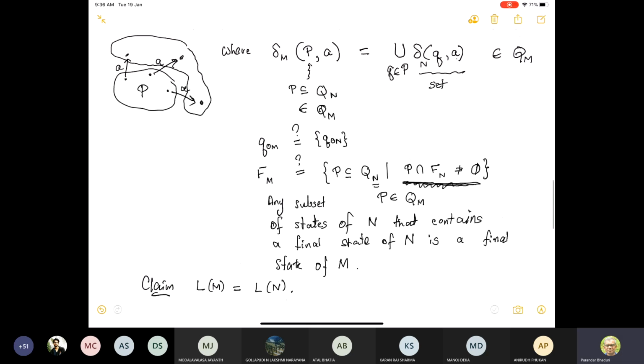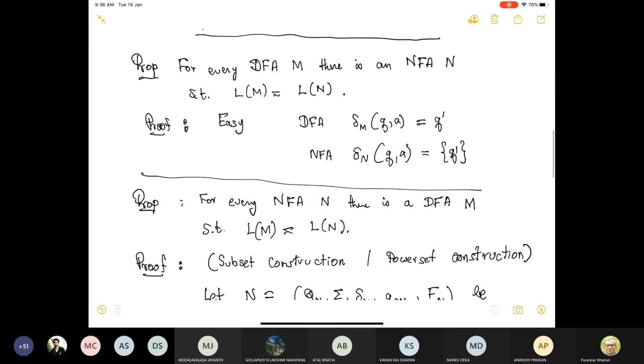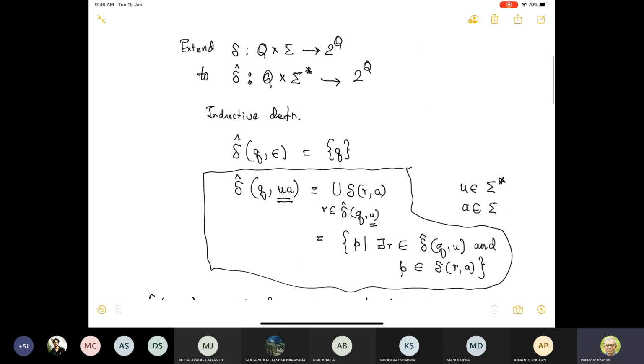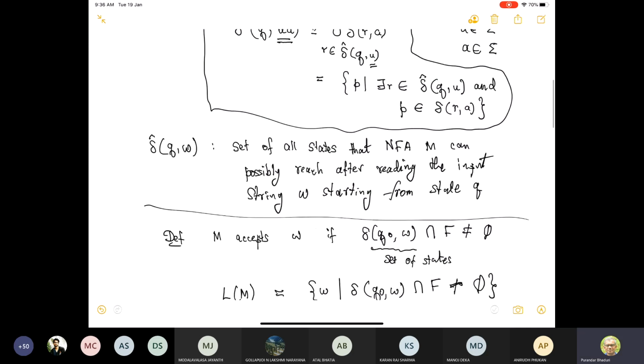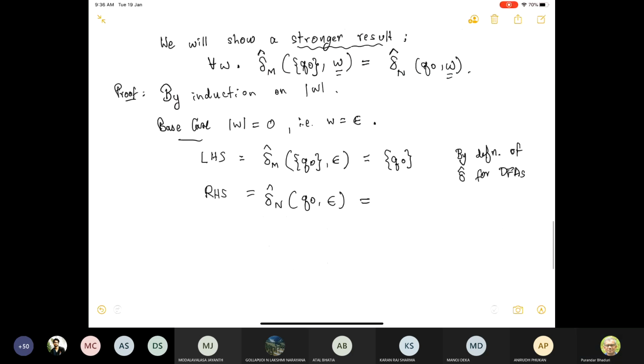Well, if you go back to our definition of delta hat for NFA, here it is. It's just the set containing Q naught, right? So both sides are equal.